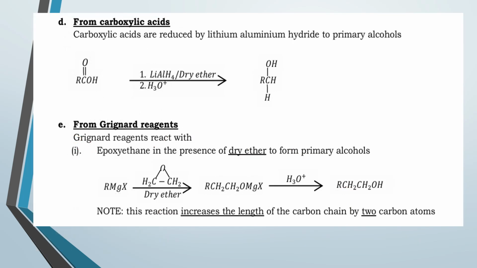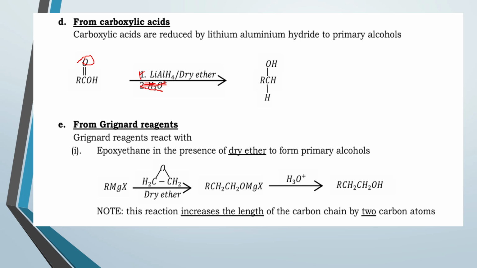Now we can also prepare our alcohols from carboxylic acids simply by reducing them with lithium aluminium tetrahydride in dry ether. All you need is one reaction, lithium aluminium tetrahydride in dry ether. We reduce carboxylic acids by removing this oxygen atom, and then we remain with the hydrogen atoms attached to the carbon atom.